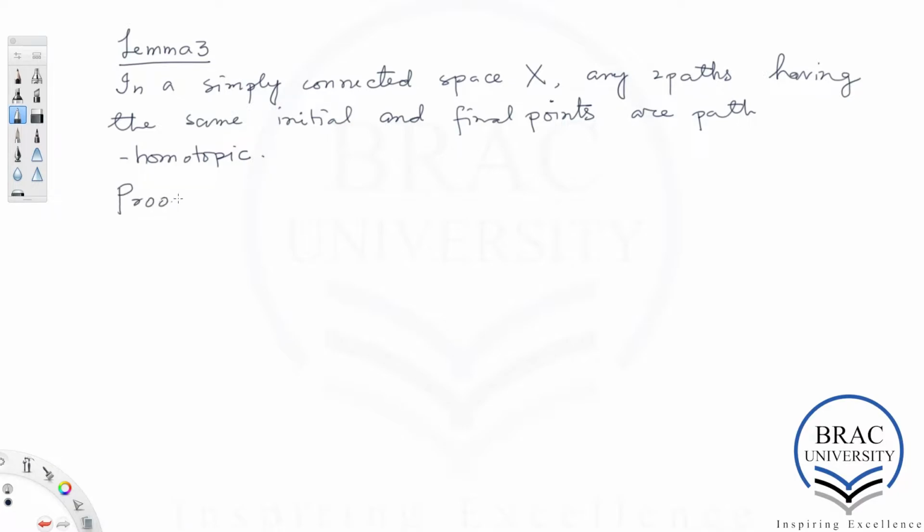Alright, so here goes the proof of this lemma. Let alpha and beta be two paths in X from x0 to x1. If I want to draw it, then it looks like this.